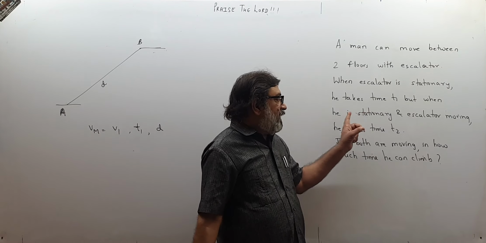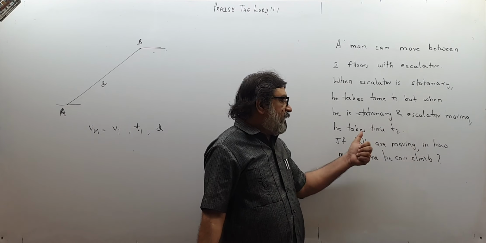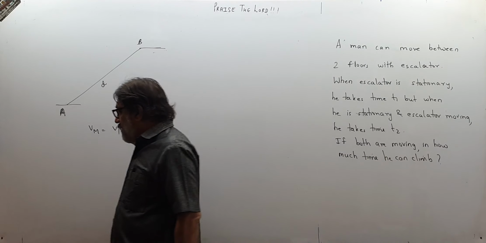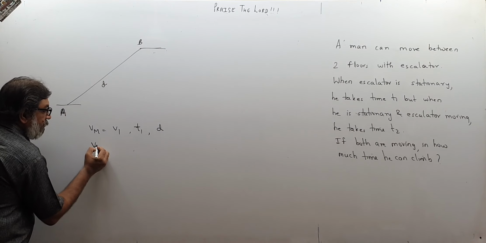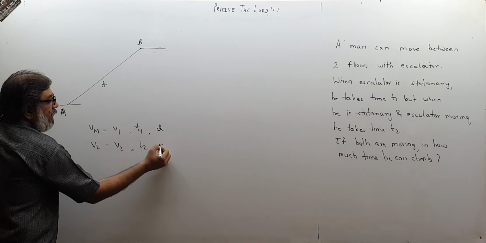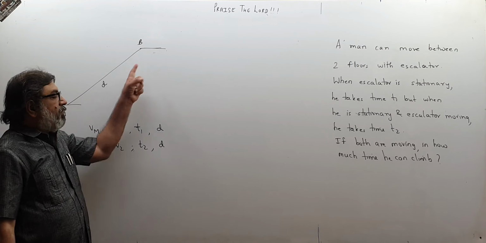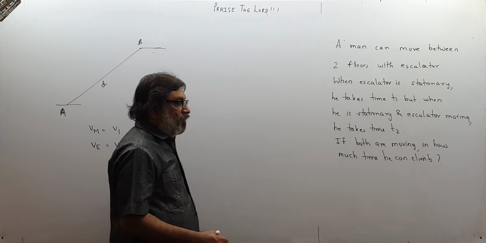When he is stationary and the escalator is moving, he takes time t2. So supposing the velocity of the escalator is v2, the time taken is t2, and the distance again is d, because the distance will remain the same to climb between 2 floors.